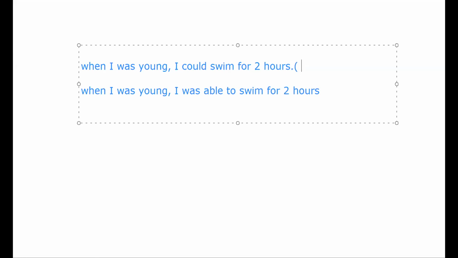Whenever I use this one, past ability, it means I did not get a chance to swim, but I have that opinion that if I had this opportunity, I could have swum, but I did not get it.